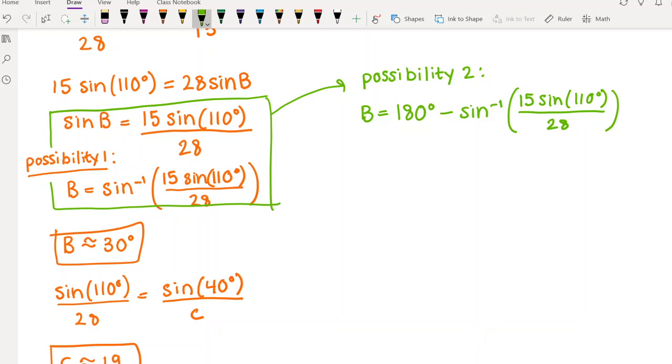And so looking at what we got for B, we know that B came out to be approximately equal to 30. So if we did 180 minus that, we would get B is approximately equal to 150.